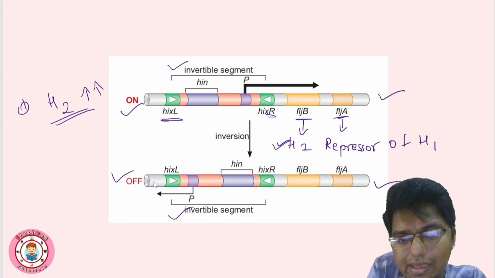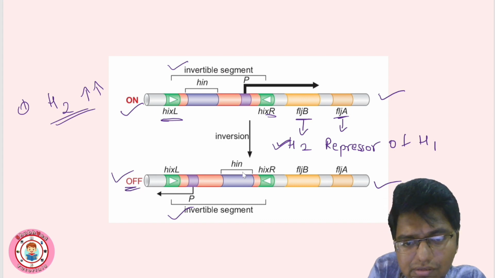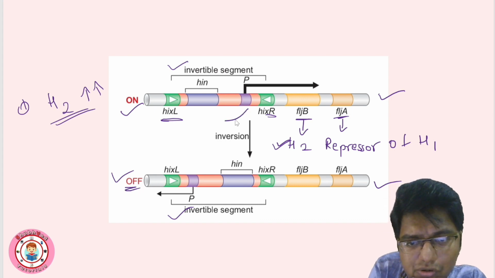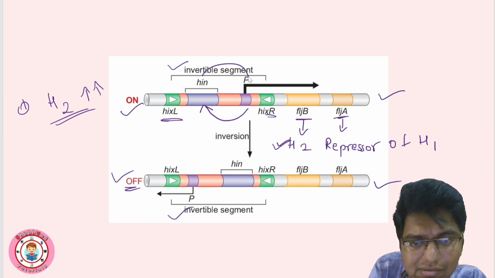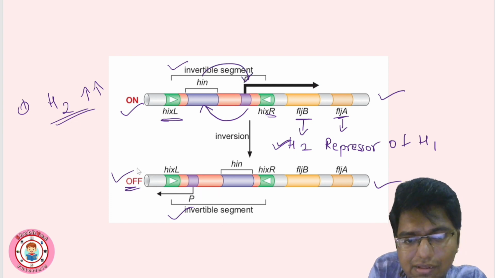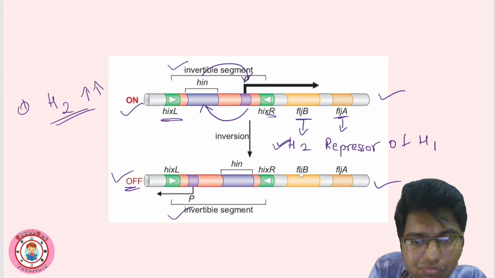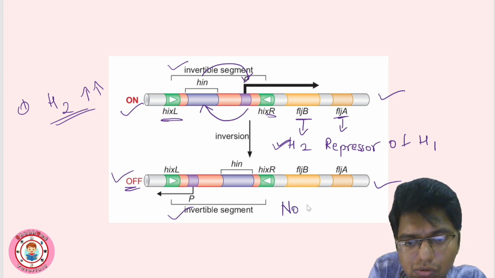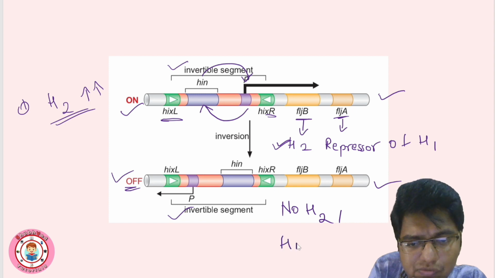In the off situation, inversion took place. This P is on this side and this Hin is on this side. Now the condition is off, no H2. H1 is present.